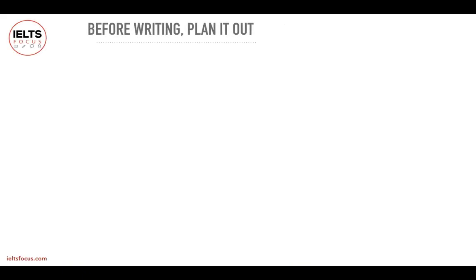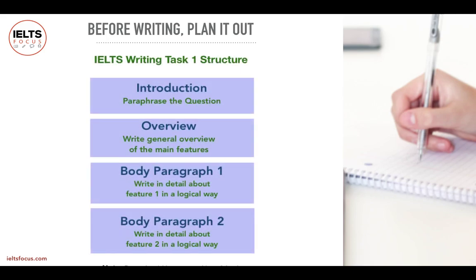Now before you write anything, you need to think of some kind of structure. So first of all, you get the task and you need to analyze the task. You need to look at what the changes are in those maps, the main features of the maps, and then you need to think about how you're going to write the report. Now in writing task 1, you just need a very simple, straightforward introduction where you paraphrase the task question, and then you need an overview. Now the overview is very brief and there's no details in it.